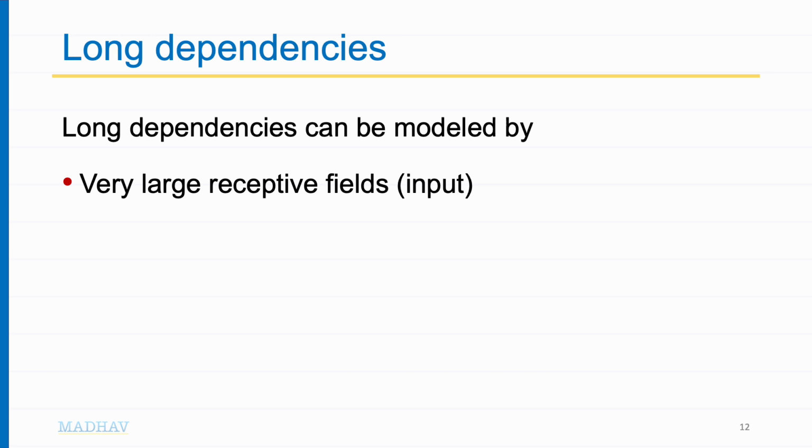When I say very large receptive field or input or dependency, what does that mean? What are we doing to the Markov chain? Higher order Markov chain, right? Use not m equal to 1, but m equal to a very large number. So that's how you can make long-term dependencies.